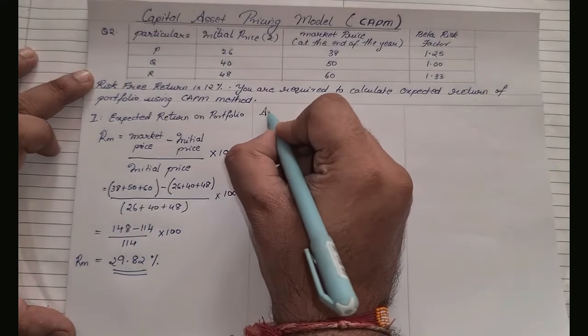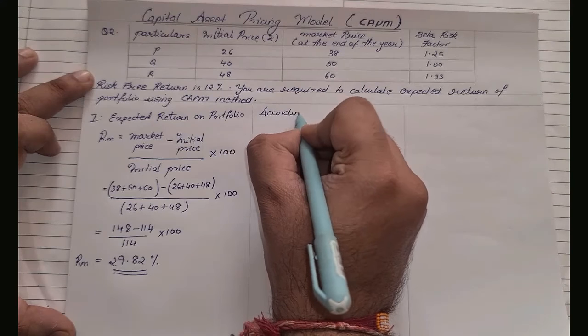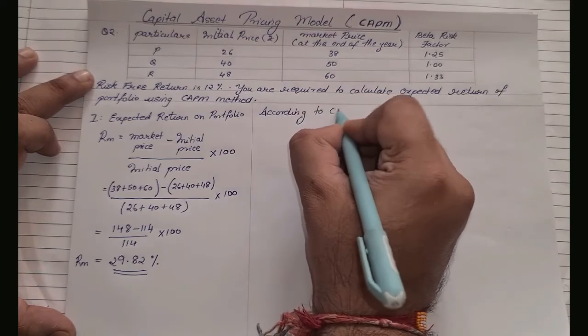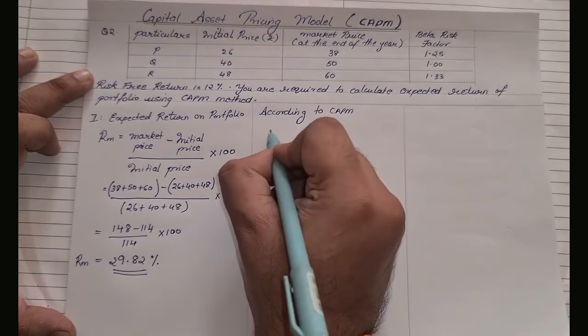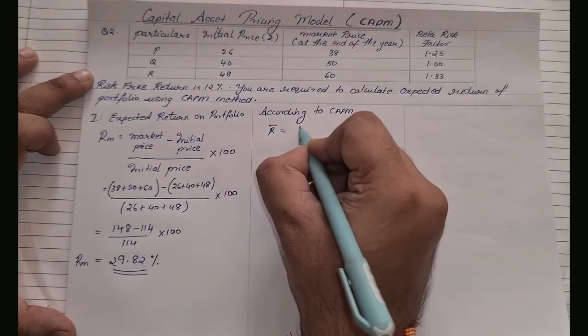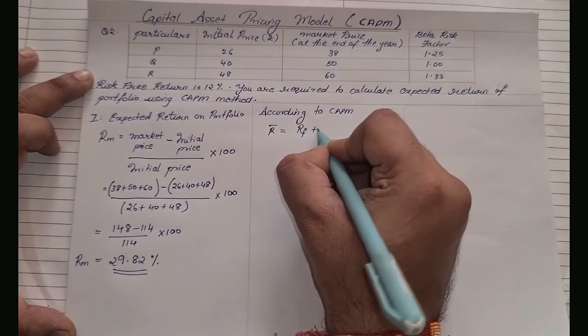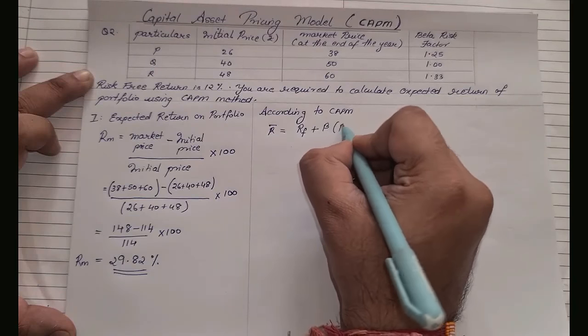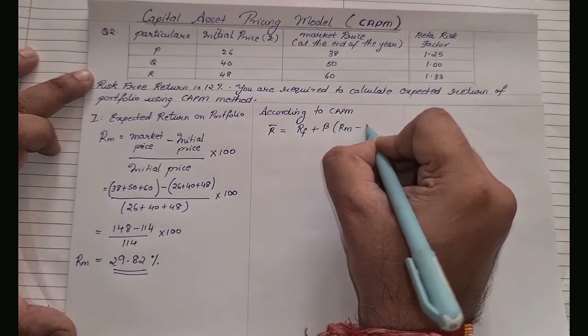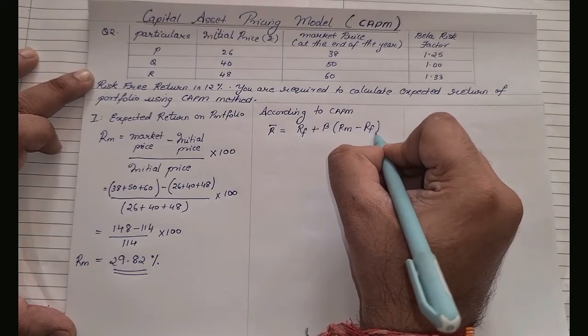So now according to the CAPM method, the expected return is nothing but risk-free return plus beta into the difference between the market return and the risk-free return.